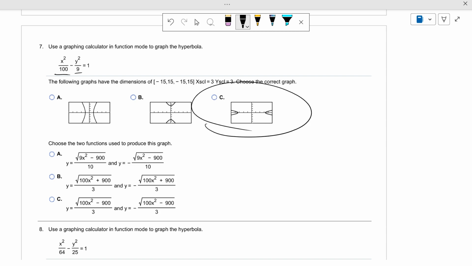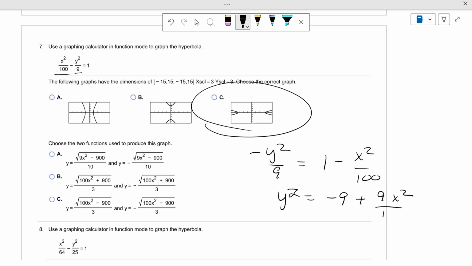So to get y alone, you go negative y squared over 9 equals 1 minus x squared over 100. Multiply by negative 9, y squared equals negative 9 plus 9x squared over 100.